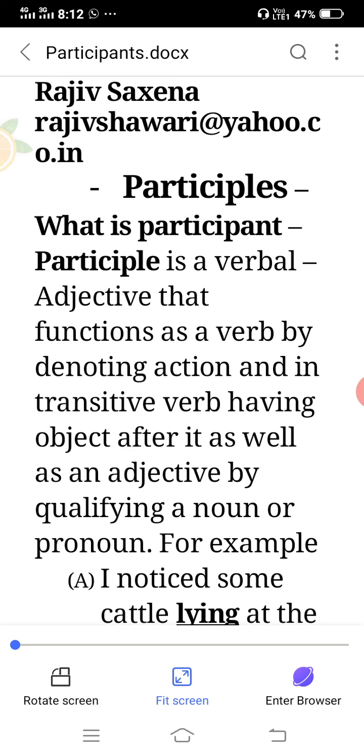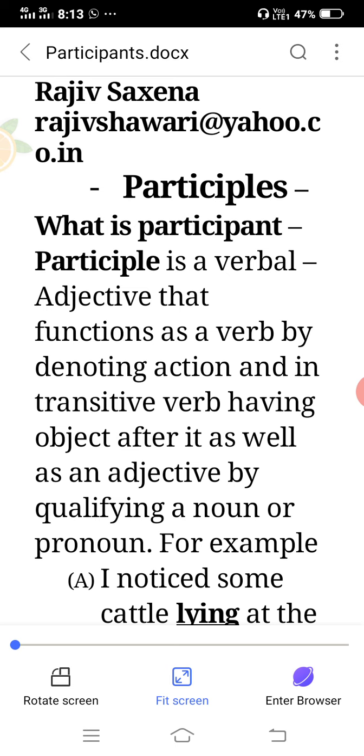Participle is a verbal adjective. How is it a verbal adjective? Because it functions as a verb by denoting action, and transitive verbs having object after it, as well as an adjective by qualifying a noun or pronoun.